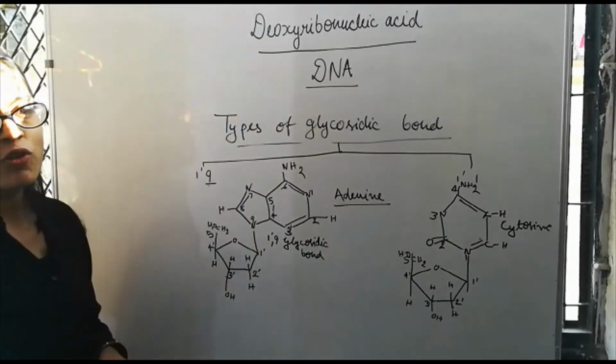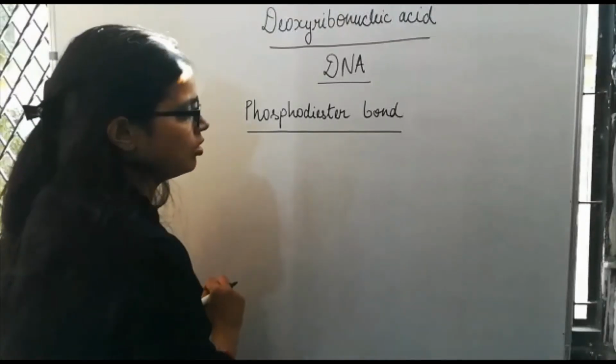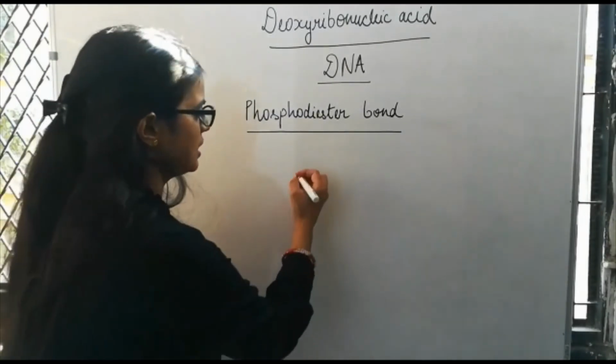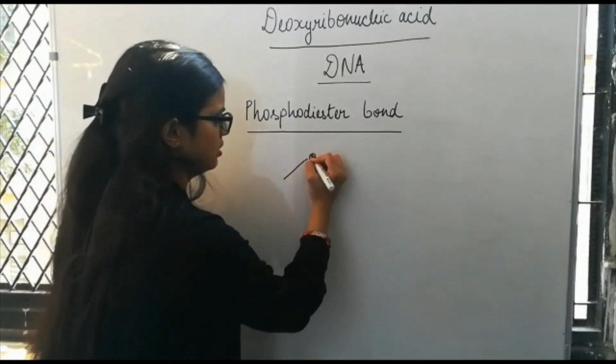Let's discuss phosphodiester bond. Phosphodiester bond attaches one sugar to another sugar. Let's discuss by structure.